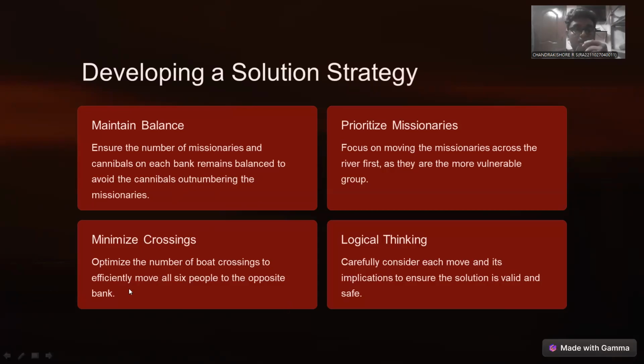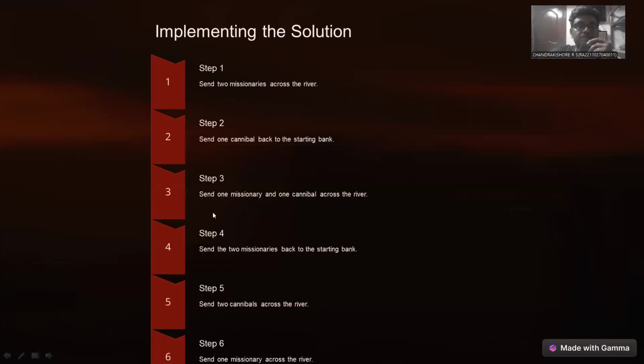Minimize crossing: optimize the number of boat crossings to efficiently move all six people to the opposite bank, from the left side to the right side. Logical thinking: carefully consider each move and its implication to ensure the solution is valid and safe. Now implementing the solution.